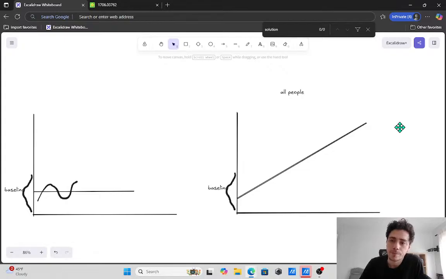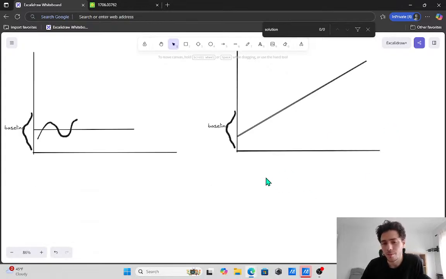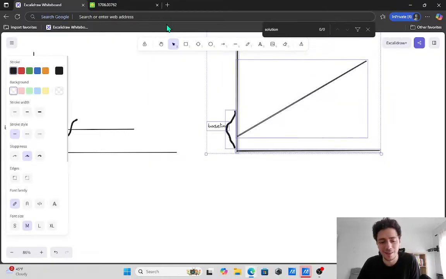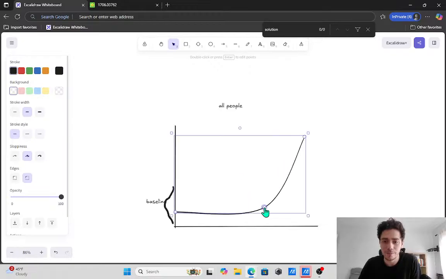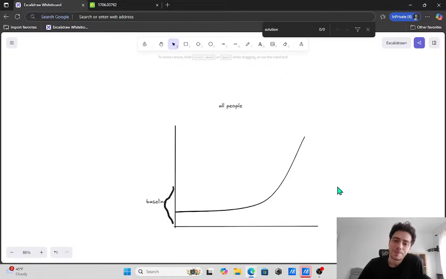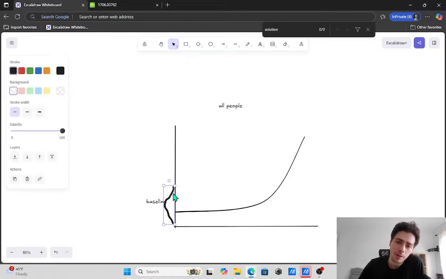Now I also wonder, does the curve look like this? Or does the curve look like this?